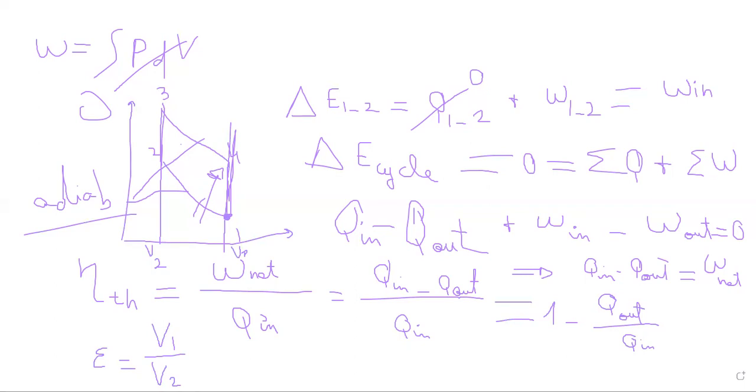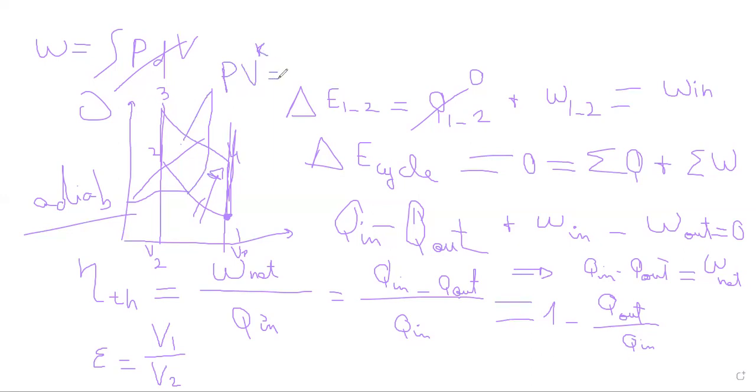So the question is to express the efficiency as a function of the compression ratio of the engine, and as a function of the coefficient K. What is the coefficient K? Whenever we have adiabatic phases, we can say that for adiabatic phases, the equation is PV to the power K equals constant, where K is the polytropic expansion coefficient.